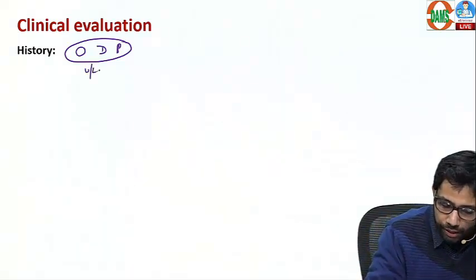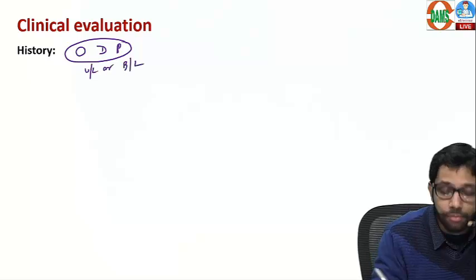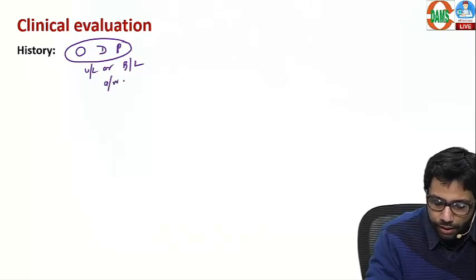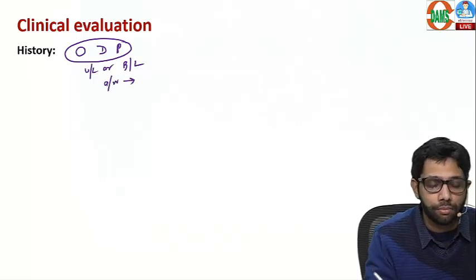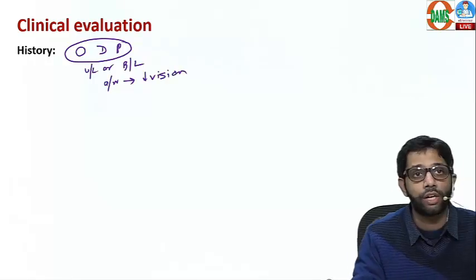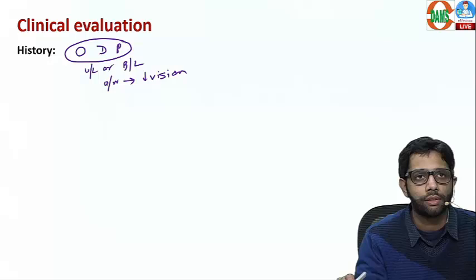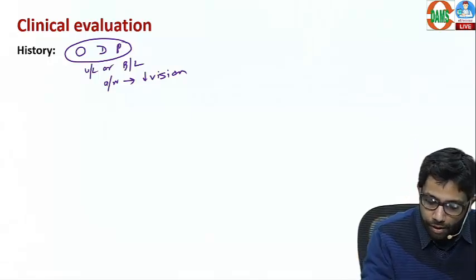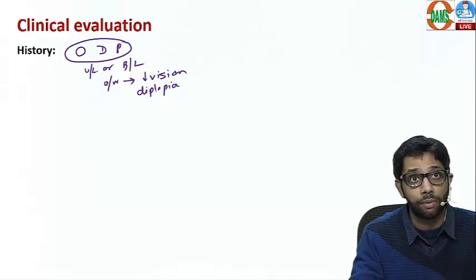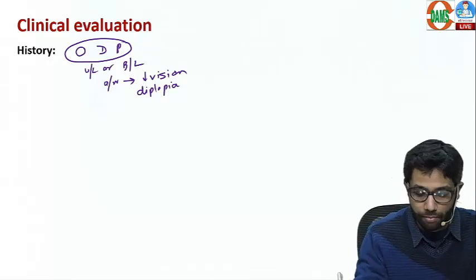It is unilateral or bilateral. Then negative history: is it associated with some other symptoms like decrease in vision? Why? Because if there is a congenital ptosis, if the eyelid is covering, there can be amblyopia. Associated with diplopia: if the patient has Horner's palsy, there can be squint, there can be diplopia.